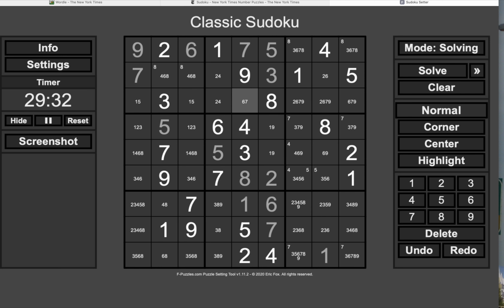7, 6. That's 7. And the 6 tells me these are now a 3, 8. Tells me nothing else can be 3 or 8.